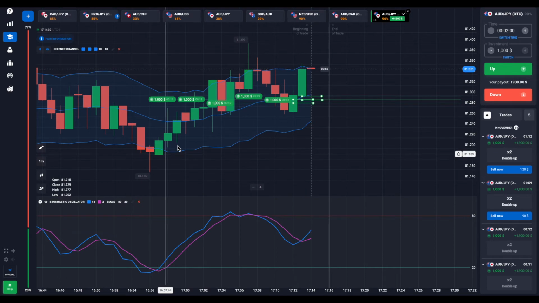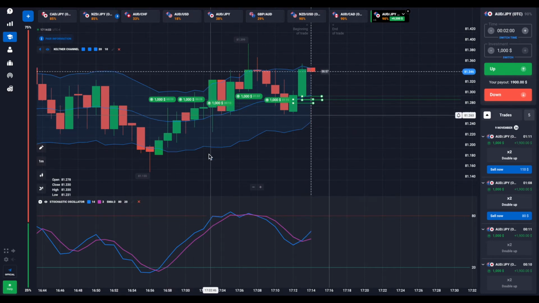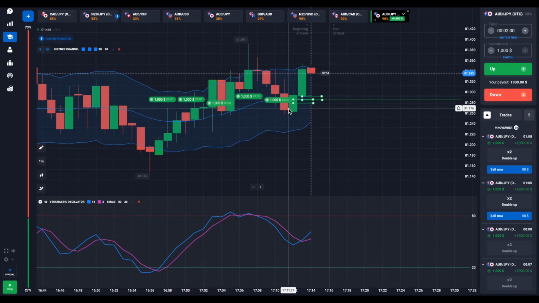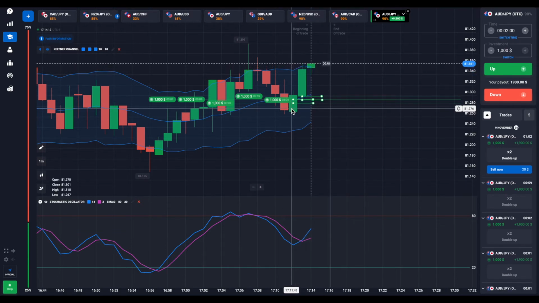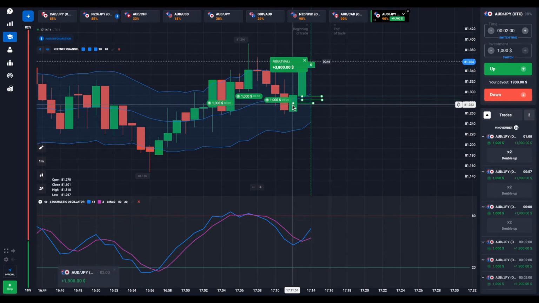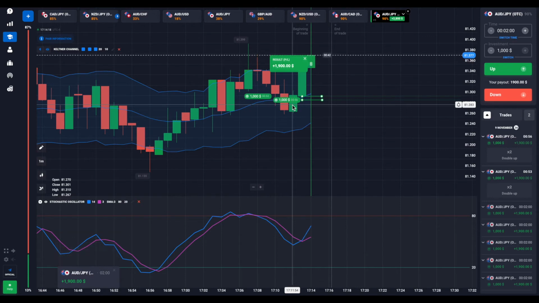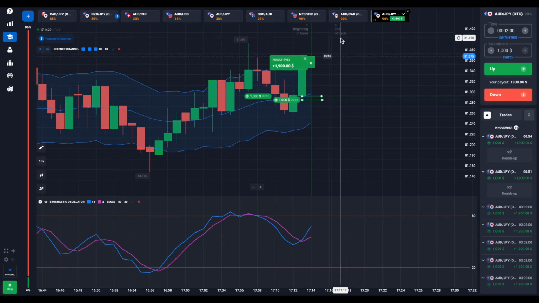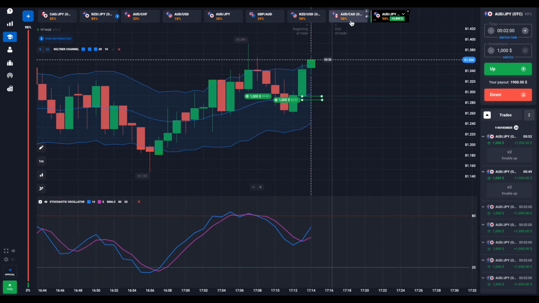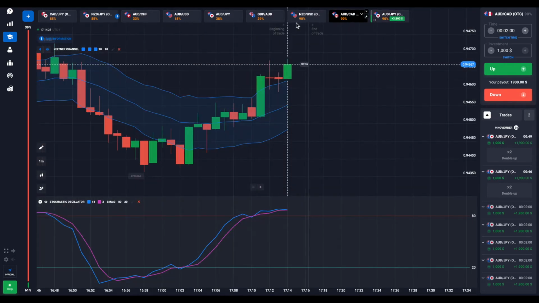And you can see here there's really long wicks below, which means that there's a lot of buying pressure, which means it's going to be more likely to keep increasing. The price is more likely to keep rising. So let's see. Just won that one. And just won that one. Really good stuff. All right, and we're going to move on because we won that one.